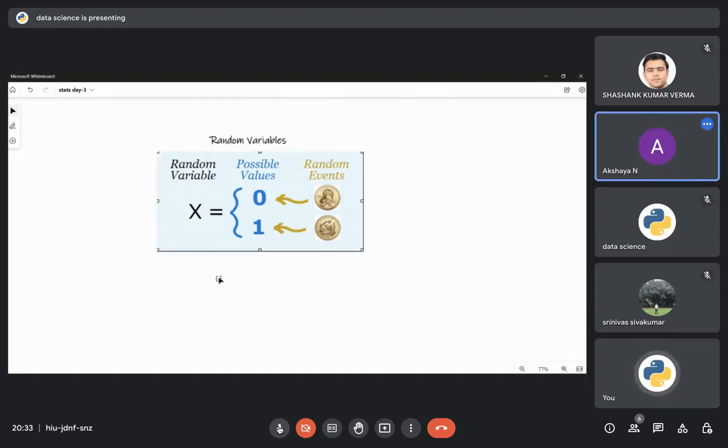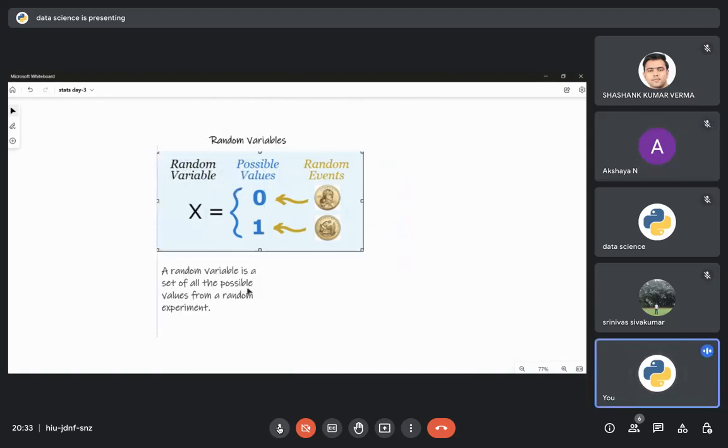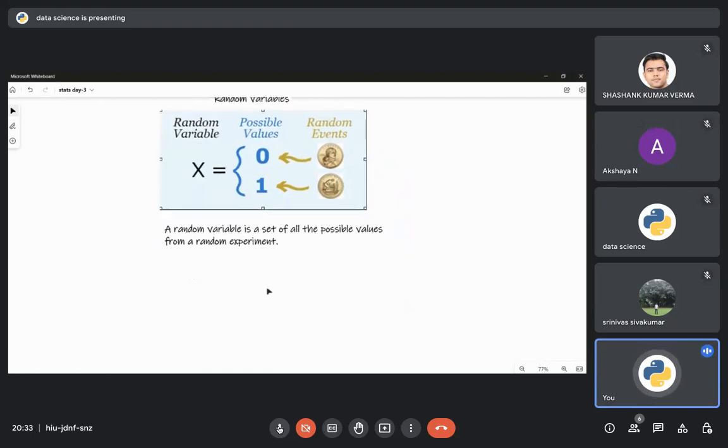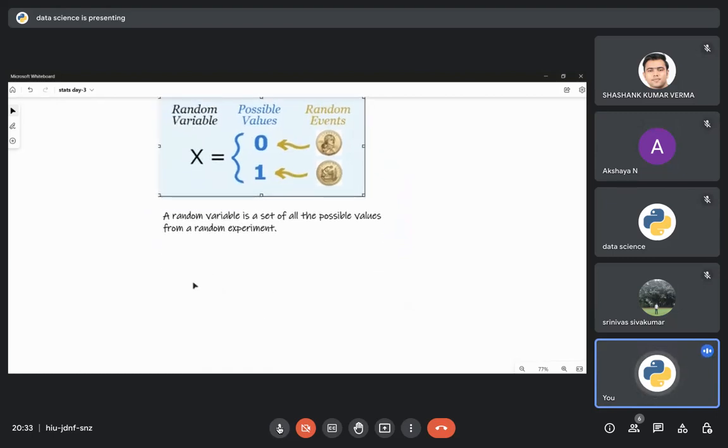If I write here, random variable is a set of all possible values from the random experiment. For any random experiment, what is the possible outcome? If you are going to give an exam, either you can crack it or you can fail. You will not be in the middle of something, right?